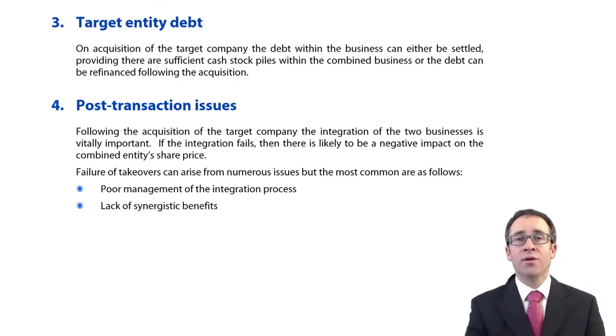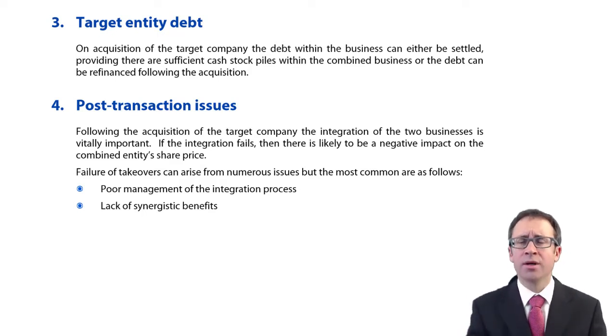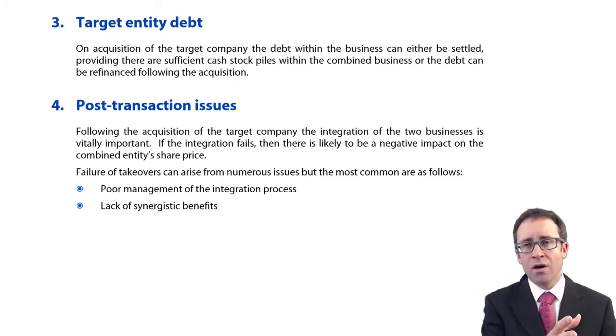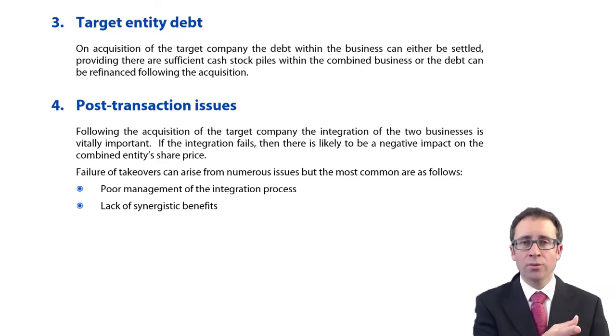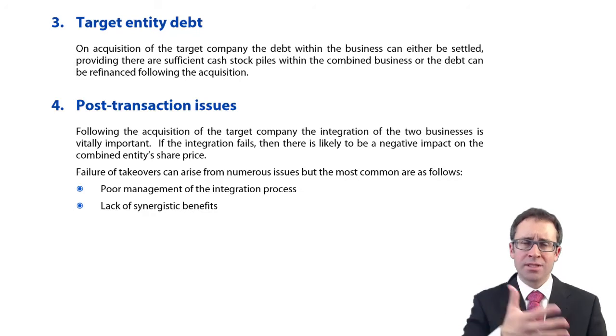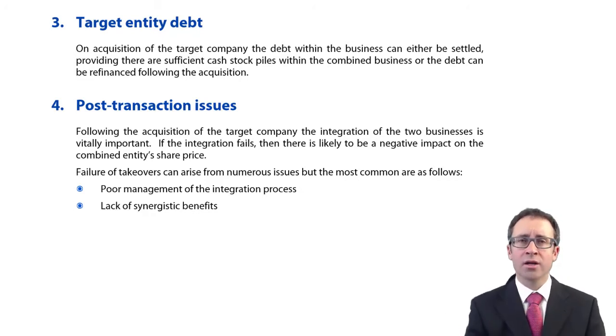But one of the issues whenever you acquire a business that has debt in it is referred to as the co-insurance issue. When you make an acquisition, it's usually the target shareholders who gain at the detriment of the predator's shareholders. The predator's shareholders normally have to give a little bit to be able to take control of that target company.